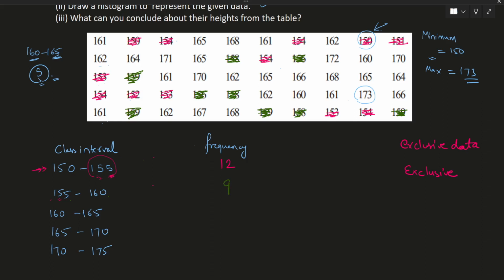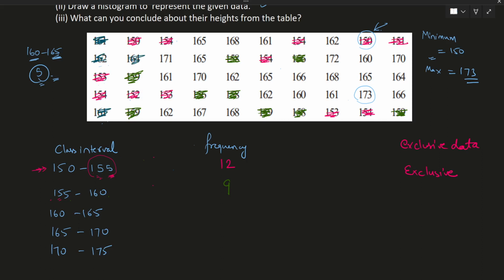Now let's take a different color, a darker blue. From 160 to 165, it will have the numbers 160, 161, 162, 163, 164.